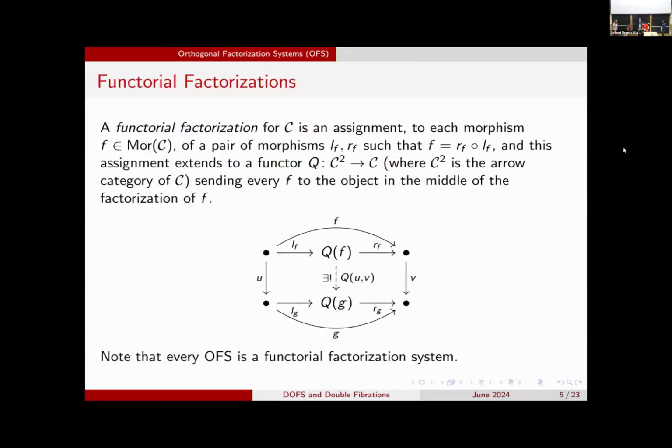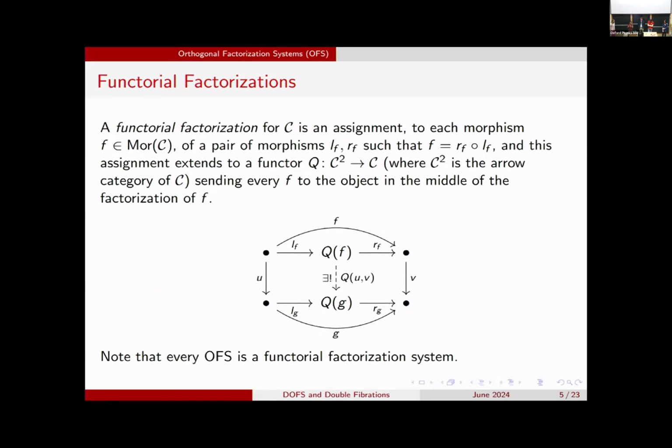Okay, so one very important thing about orthogonal factorization systems is that they are functorial. What a functorial factorization system does is assign each morphism f of C a pair of morphisms Lf and Rf, where Lf is from the left class and Rf is from the right class, such that the morphism f is a composite of Lf followed by Rf.